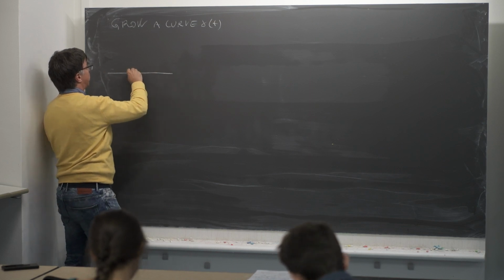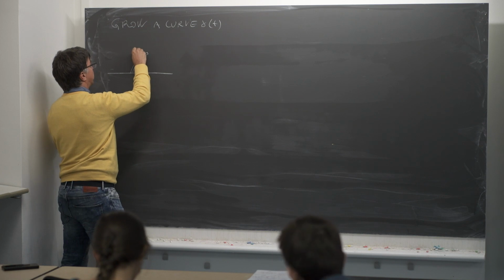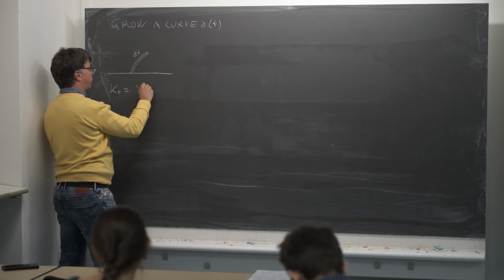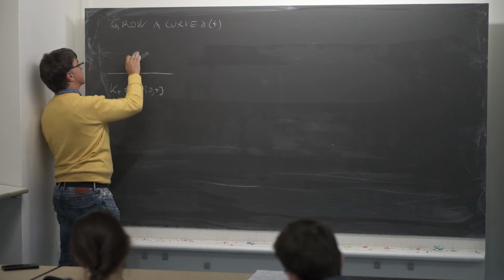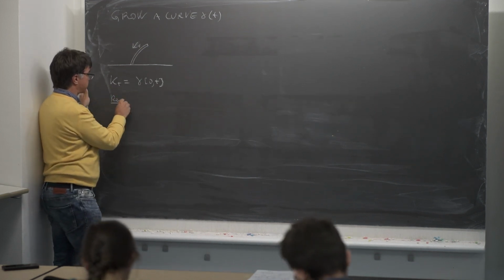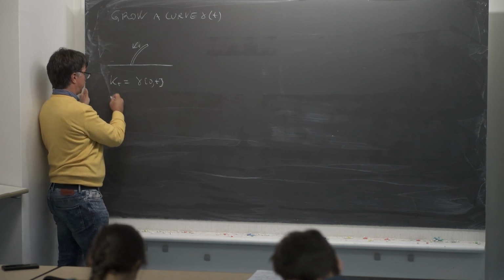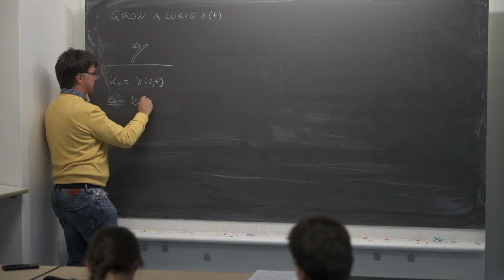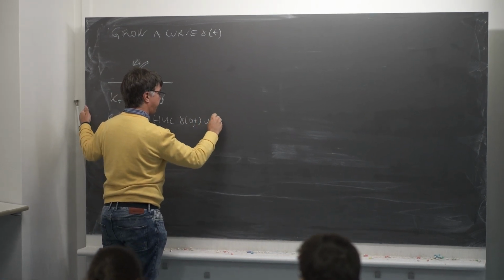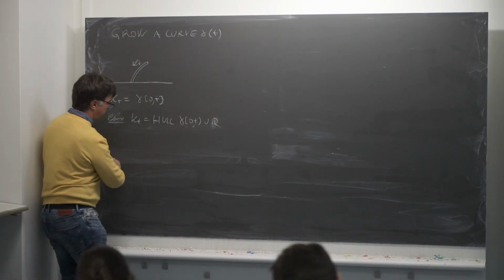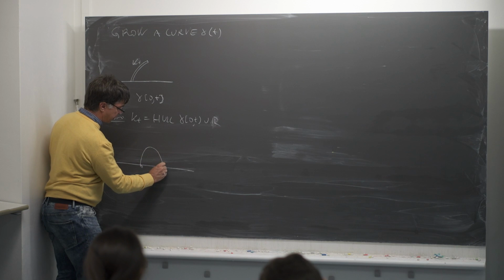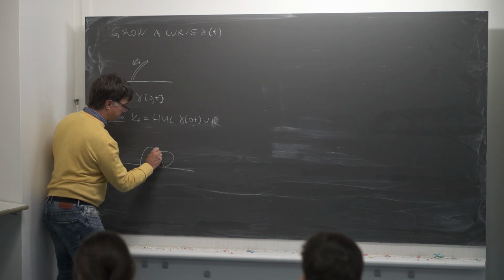And then we have this curve gamma t. We say that K_t is gamma from 0 to t, so this is the set K_t. Rather, more precisely, K_t is the hull of this curve. So what do I mean? Suppose that I have a curve which was growing, and then touched the boundary, and then touched itself, and then went off.